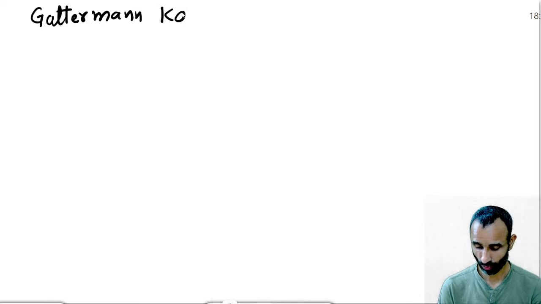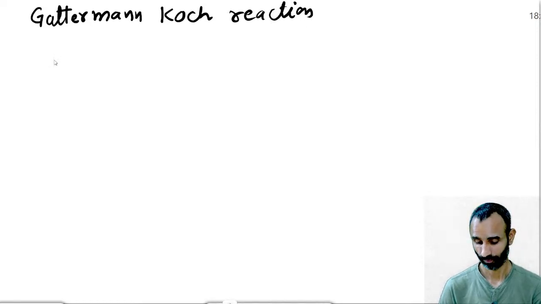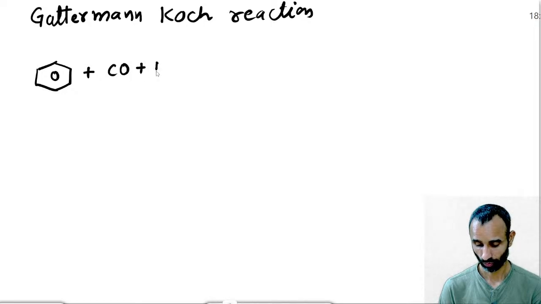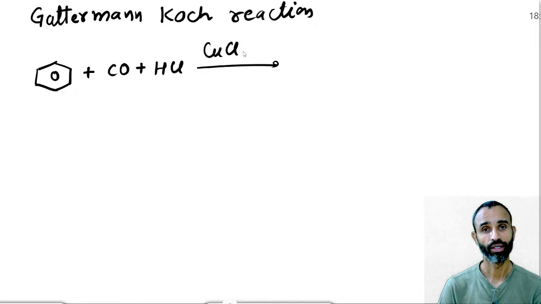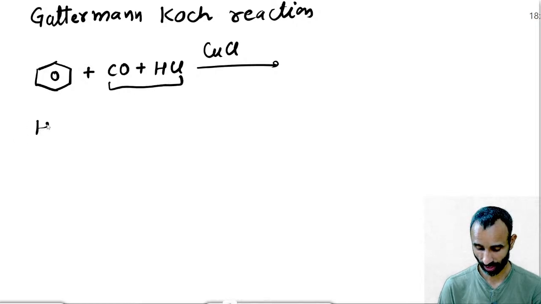What is the Gattermann-Koch reaction? Preparation of benzaldehyde. Benzene is treated with CO and HCl in the presence of CuCl and anhydrous AlCl3.